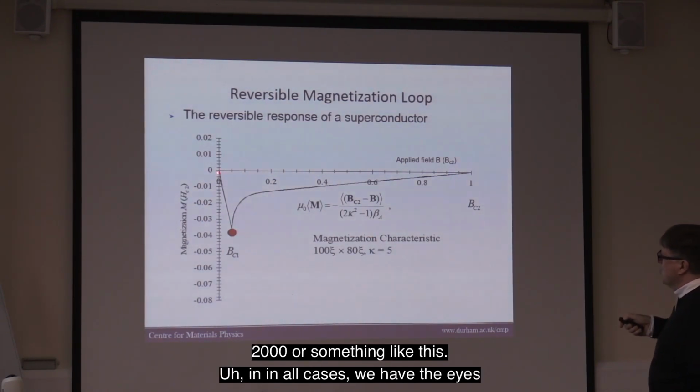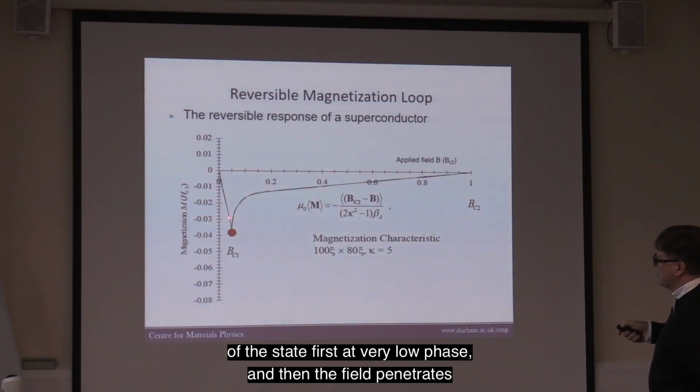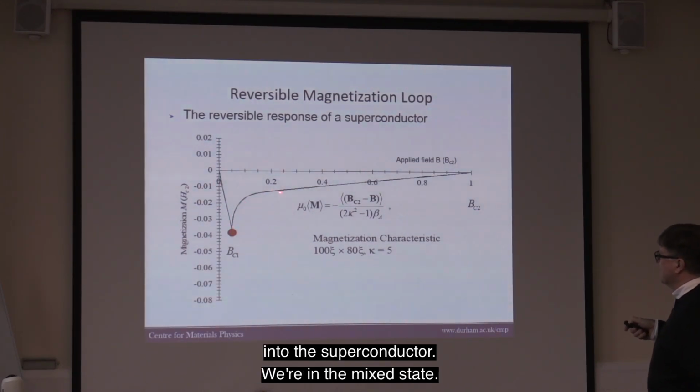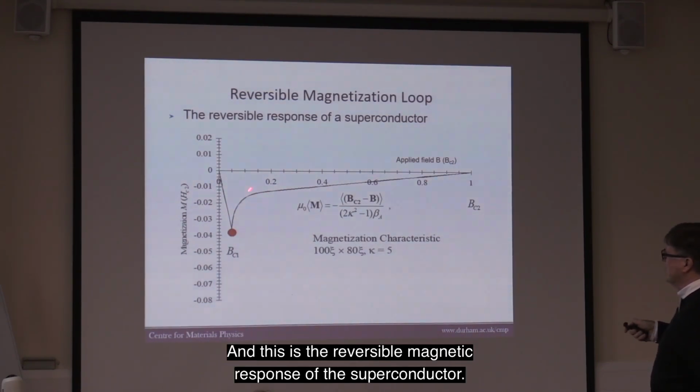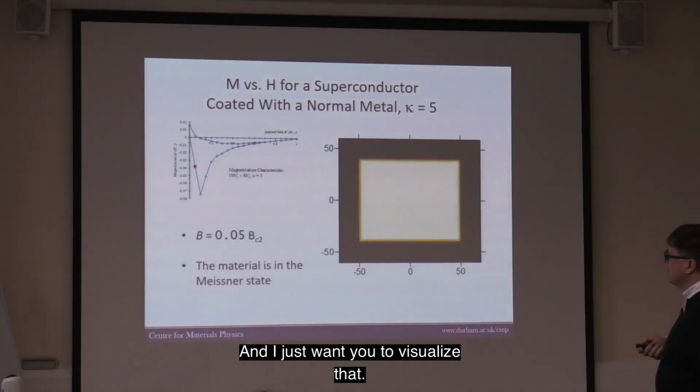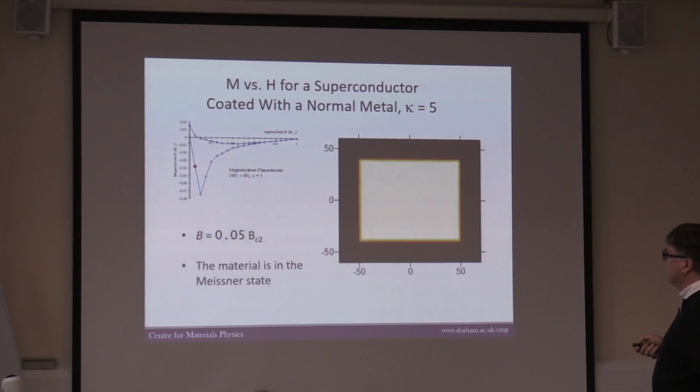But in all cases, we have the Meissner state first at very low fields, and then the field penetrates into the superconductor. We're in the mixed state, there are vortices inside the material, and this is the reversible magnetic response of a superconductor. And I just want you to visualize that.